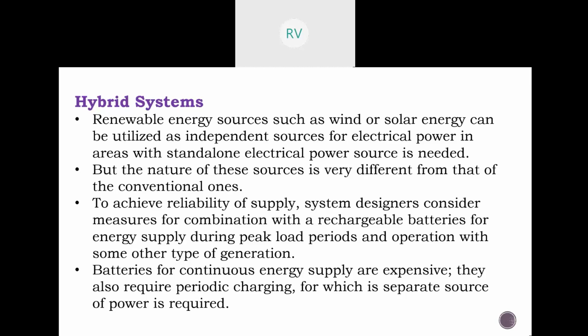Let us say we are going for solar as well as wind. In the absence of wind, solar energy will be tapped. In the absence of solar energy, wind energy can be tapped. So either way we are getting a continuous supply of energy. Batteries for continuous energy supply are expensive. They also require periodic charging, for which a separate source of power is required.